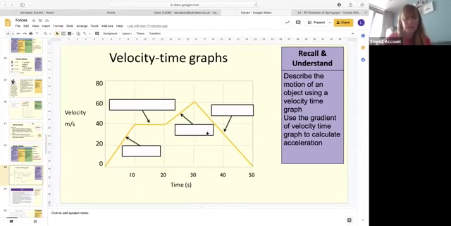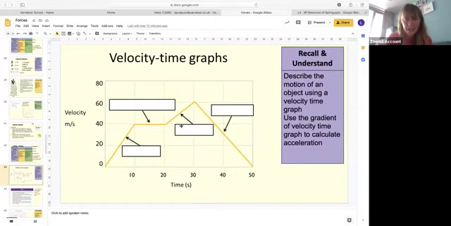So this is a maths skill, where you would potentially have to divide your graph up into triangles. If I wanted to find the area under here, I could do half base times height, or I could find this area and divide it by 2, whichever way that you have been taught to work out the area of a triangle.